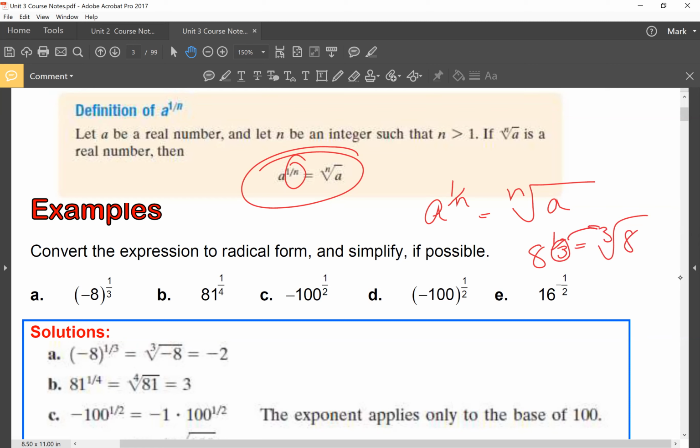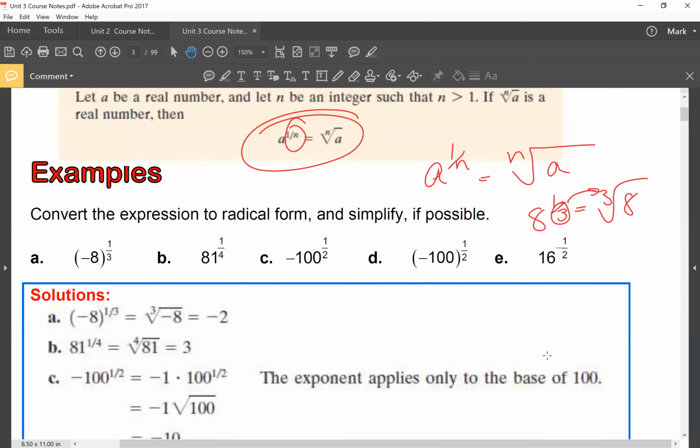This 3 goes right here. And you can enter this on your calculator. If you're looking at your calculator, it's under the replay button. All of these you can do on your calculator.